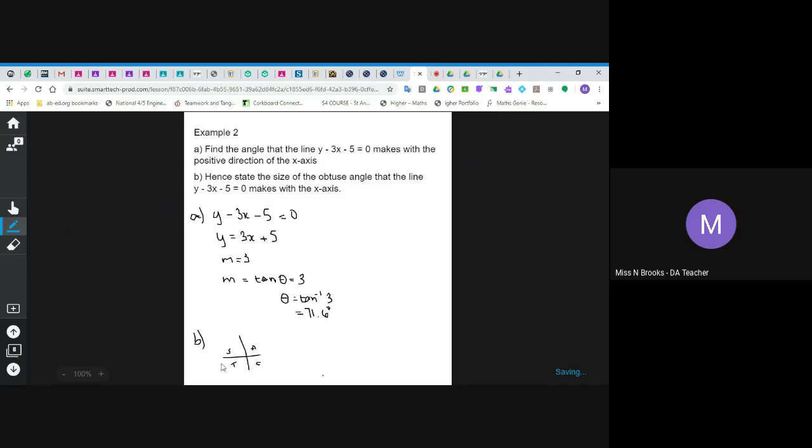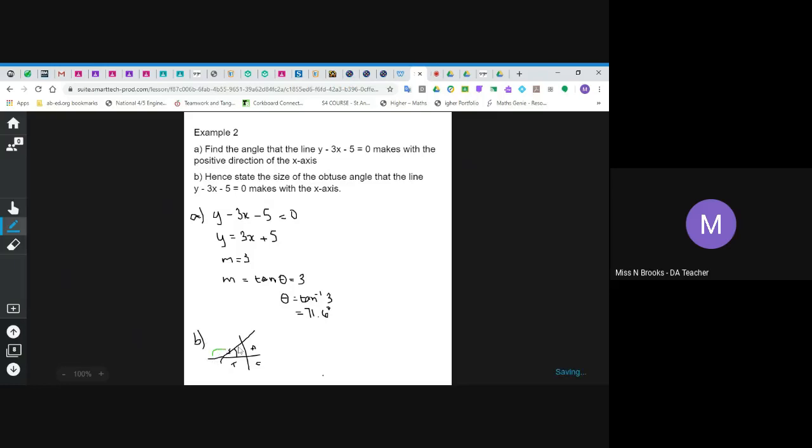So if we've got this line that's going up like this at a gradient of 3, and we've already worked out that this angle here is 71.6, we want to work out what this angle here is.